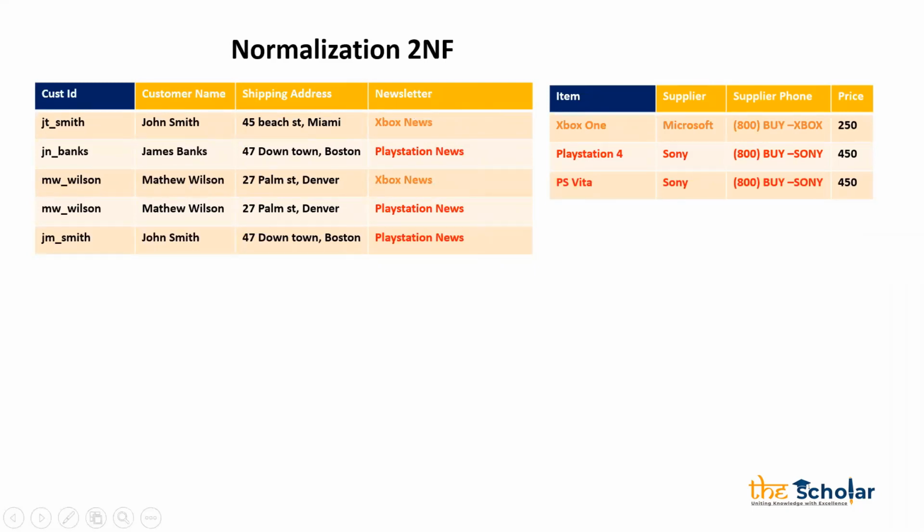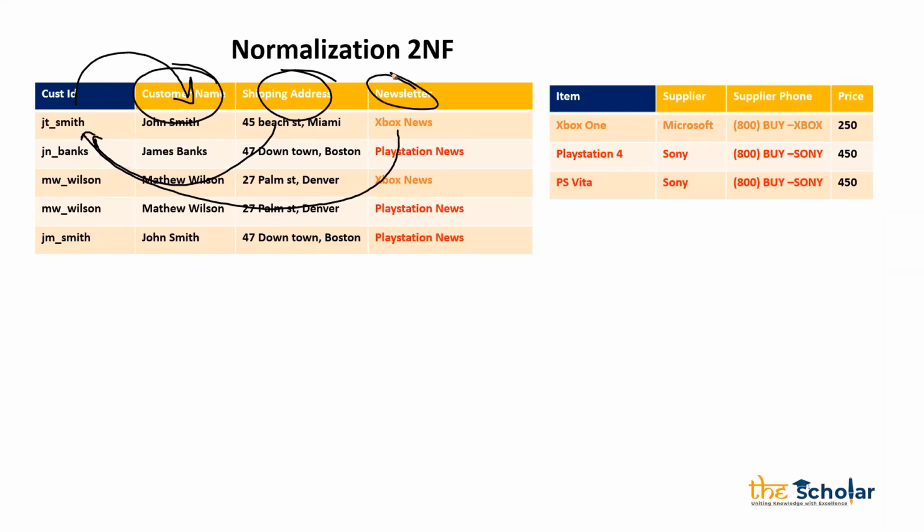Now I am making the table in second normal form. Now you can see that customer name is only dependent on customer ID, absolutely. Address is also dependent on customer ID only. And which newsletter he opts for is dependent on customer ID only, right? So all the attributes in this table are dependent on the primary key.